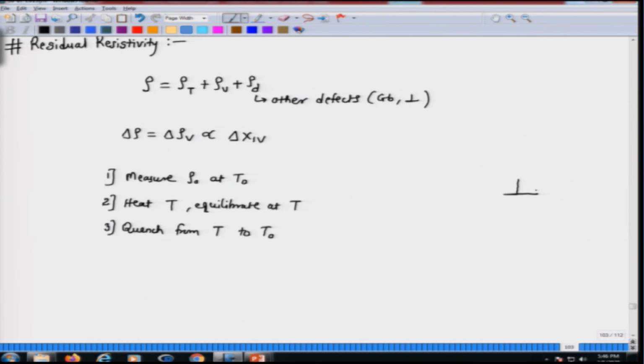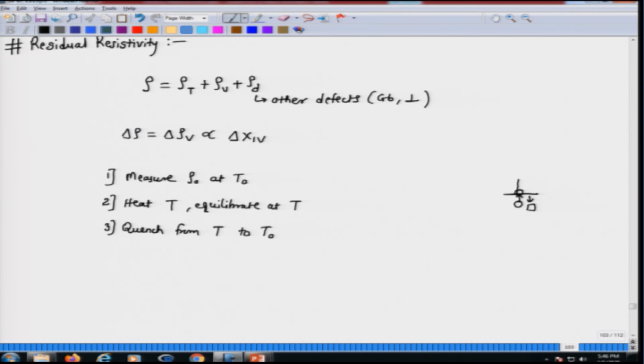For example, if there is a dislocation and a vacancy has to be created, an atom from the crystal will jump into the dislocation, and a vacancy from the dislocation will make a reverse jump and will be introduced into the crystal, and this is the way a vacancy is created. Similarly, grain boundaries or surfaces can act as sources of vacancies when we heat the sample to a higher temperature.